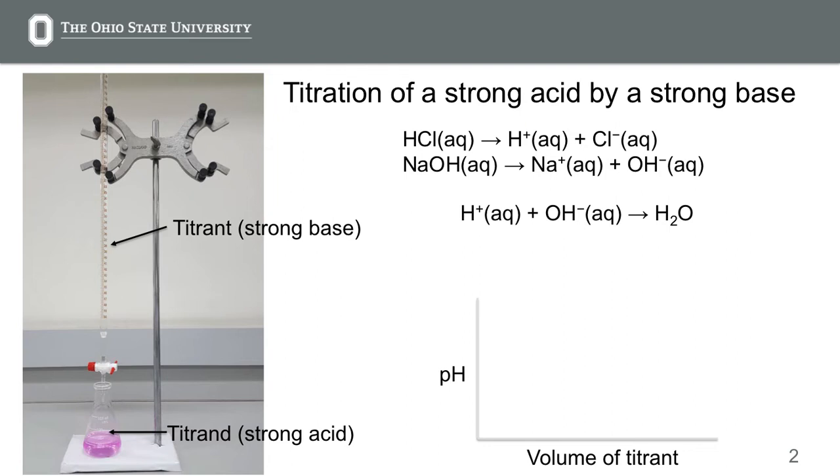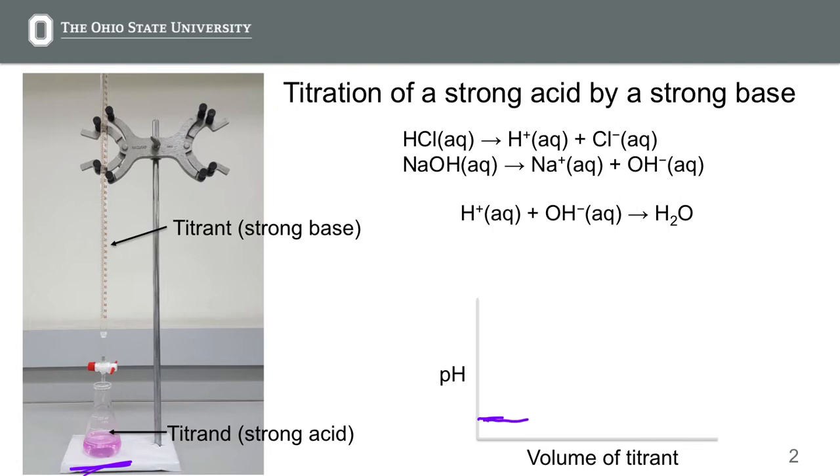Okay, so we're titrating a strong acid with a strong base. And so what we're going to do is think about how the pH is changing in the flask. The burette's going to contain the strong base. Its pH doesn't change. We're adding that base in small amounts to the flask. The pH of the solution in the flask is going to change. So if we have a strong acid, our pH is going to start out low, acidic.